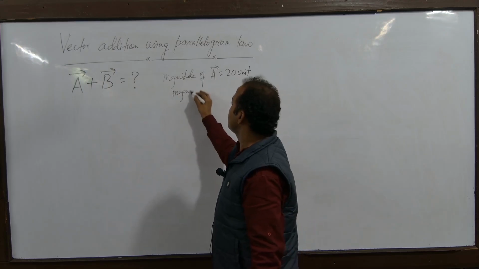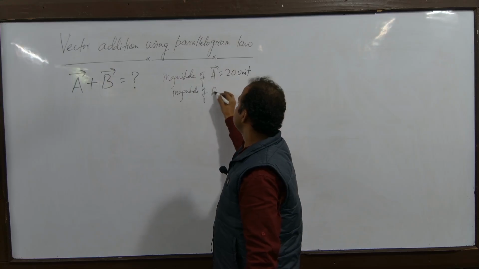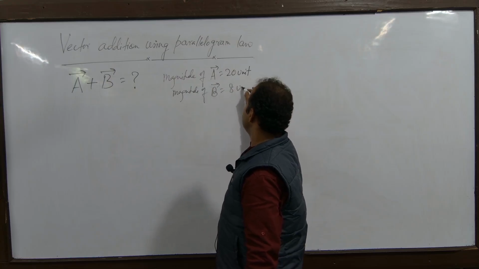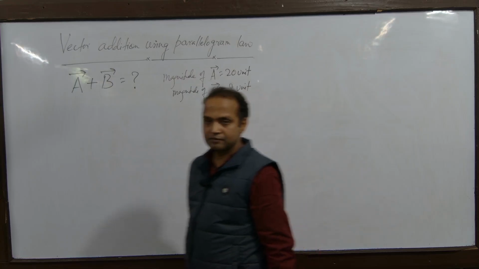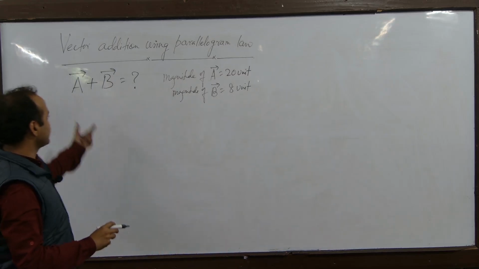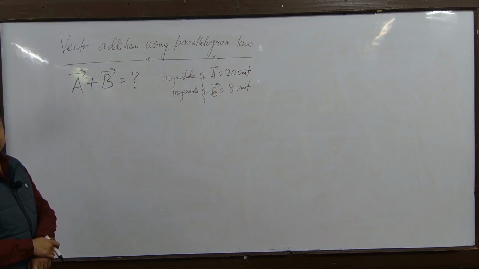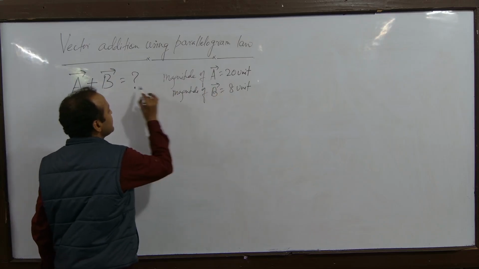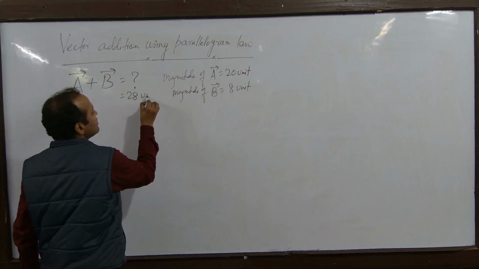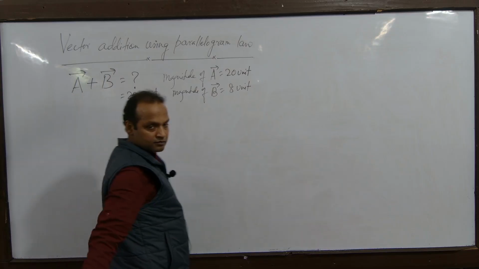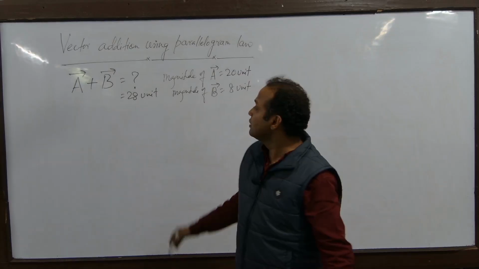Magnitude of b is 8 unit. Okay, and you have to add it. What will be the values? Magnitude. Can you write directly 20 plus 8, 28? This will be wrong.